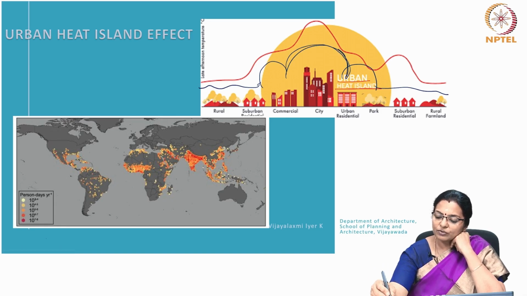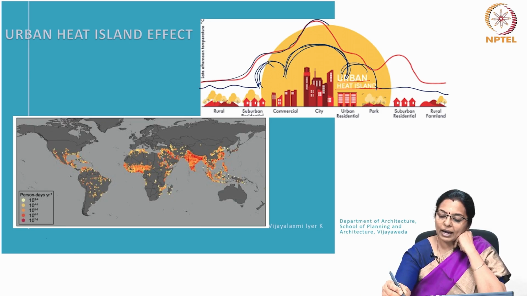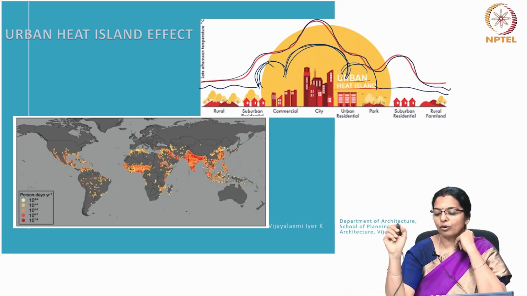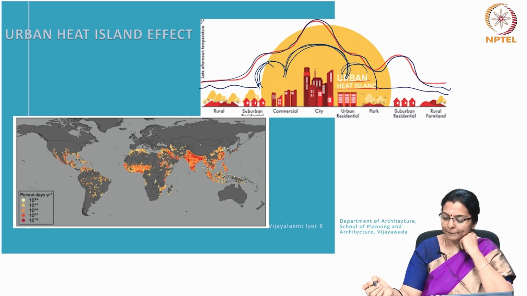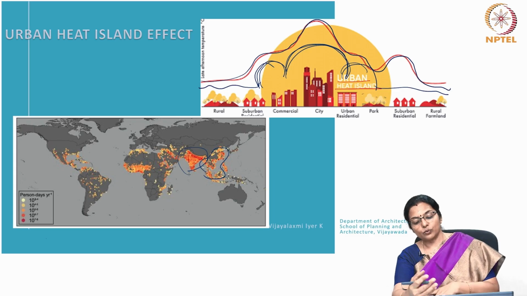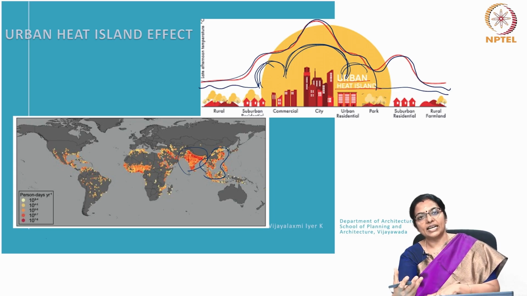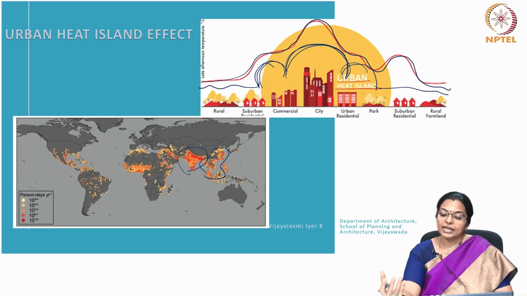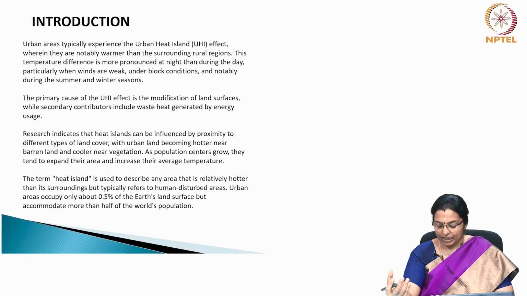These are areas which are very warm. We will have a detailed look at what UHI is, and if you map urban heat island, this is the generic trend of urban heat island. You can see the amount of heat radiated in this map, and you can see the places which are highly urbanized and dense. Those areas have more UHI.